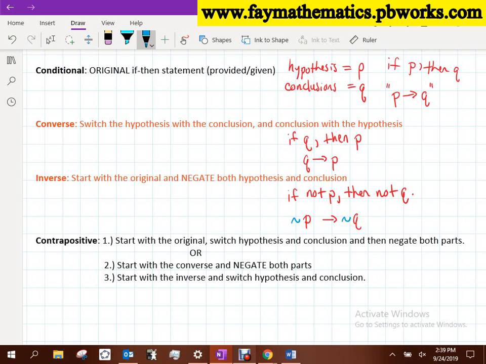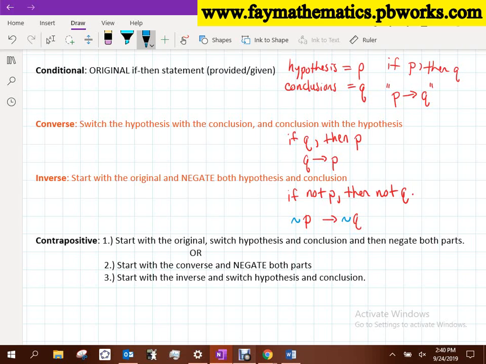The contrapositive, you have 3 different techniques to find it, but they're all the same, okay? The first technique says start with the original provided if-then statement. You switch the hypotheses and conclusion. Okay, well, if I switch the hypotheses and the conclusion, that just made the converse, did it not? And now you negate both of those, once you switched them, and that gives you the inverse of the converse.